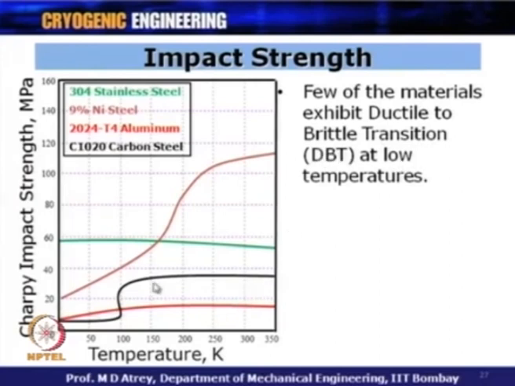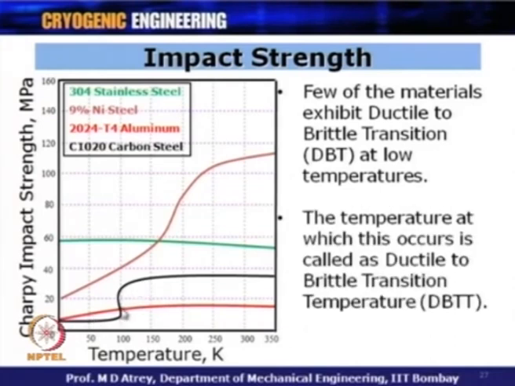So, you can see from this particular curve that this material can be called ductile over in this region, all right, or it has high impact strength in this region, while at this temperature around 100 Kelvin, it suddenly came down, the impact strength came down to a very low level, and we can say that the impact strength has drastically come down. That means maybe this material was ductile in this temperature range, and suddenly it has become brittle in this temperature range. It has undergone a DBT, or a ductile to brittle transition, in this temperature region. That is what we call it.